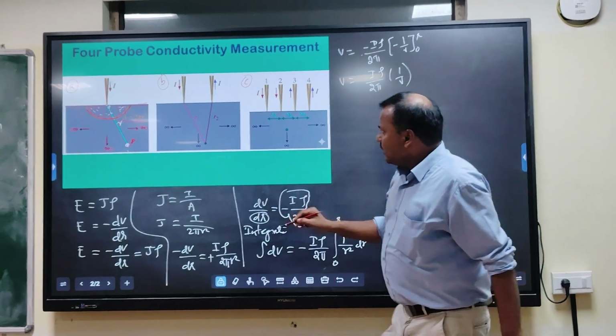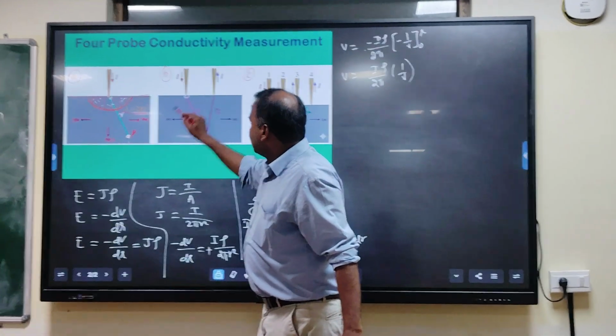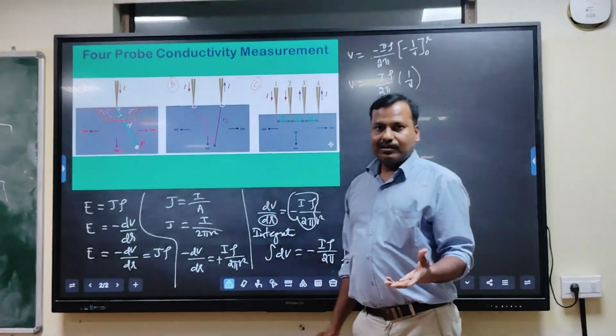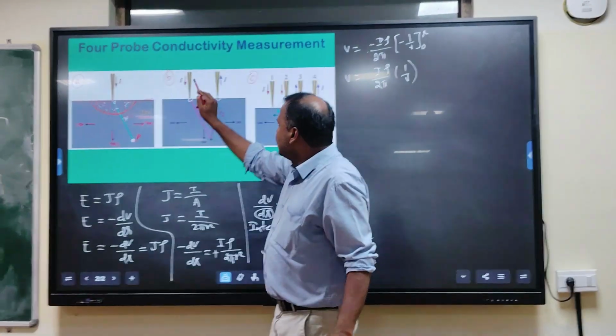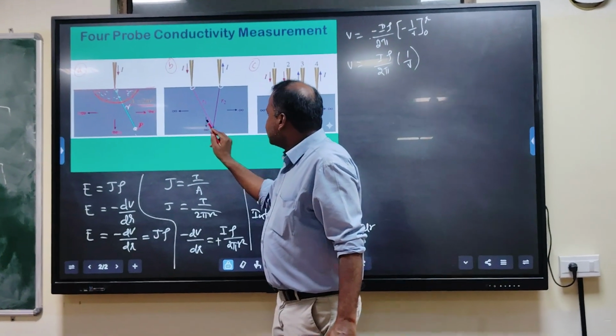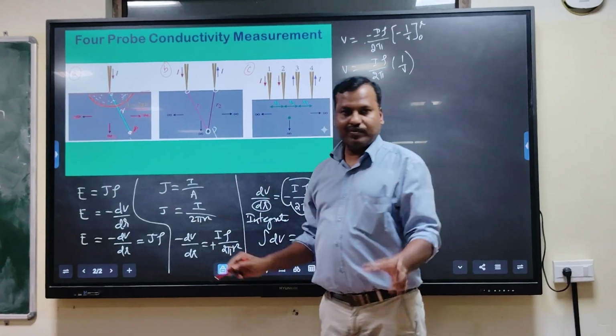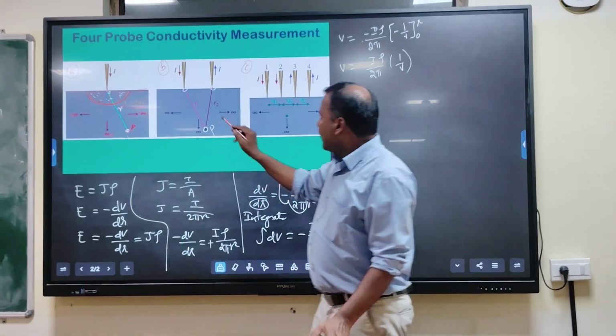Now we come to figure 2, or figure B. Here we take two probes. Current is coming in through one probe and leaving through the other, and this is the point of interest where we want to calculate the voltage.